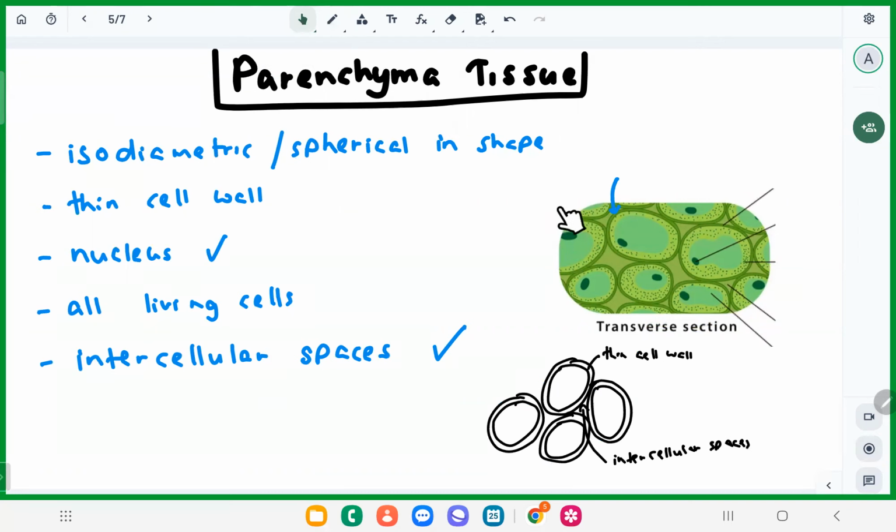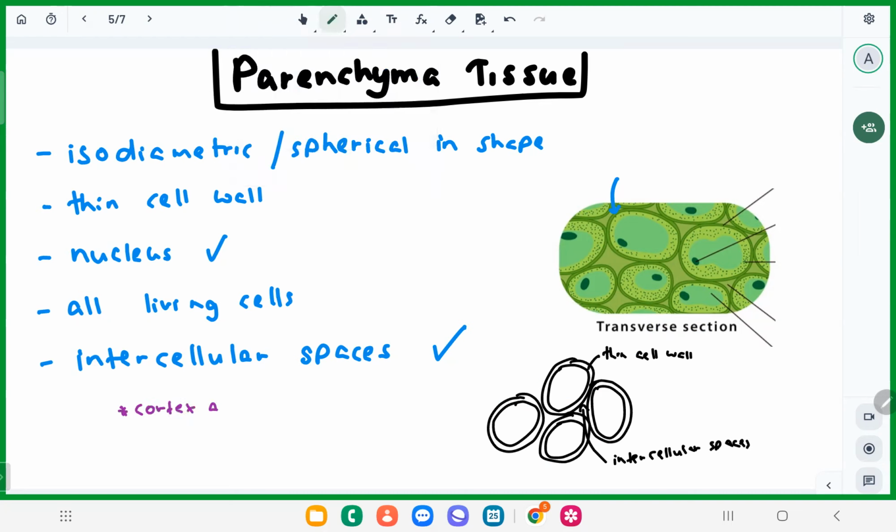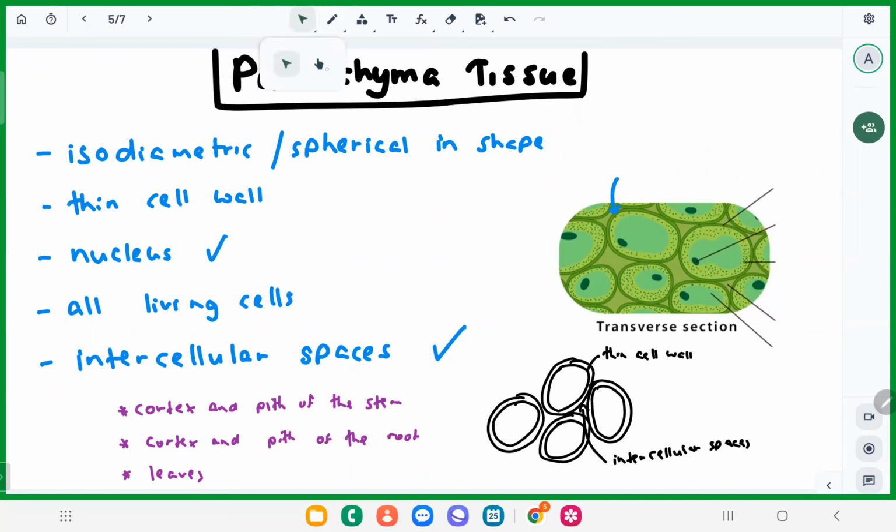It's found in the cortex and pith of the stem, and also in the cortex and pith of the root. And also you find a lot of parenchyma cells in the leaves of the plant. And this parenchyma tissue in the leaves helps the leaves to carry out photosynthesis.